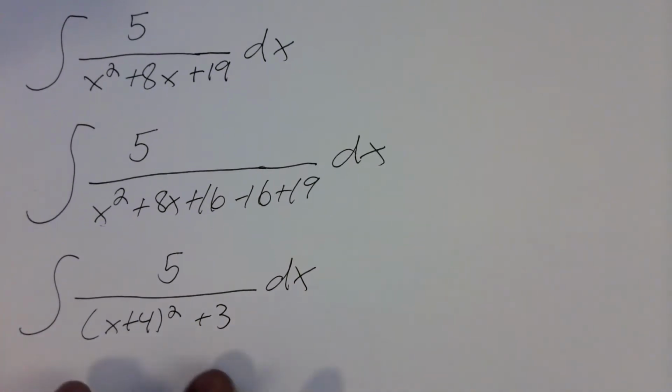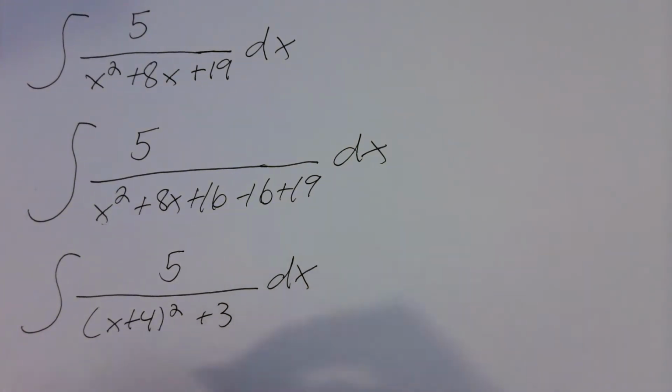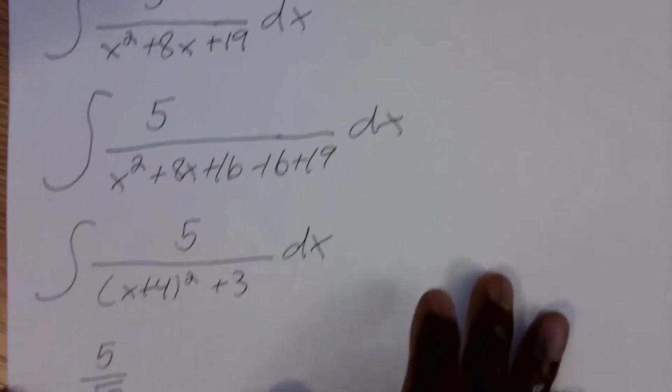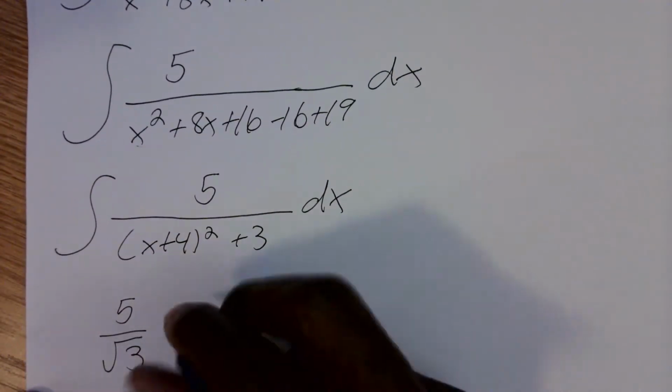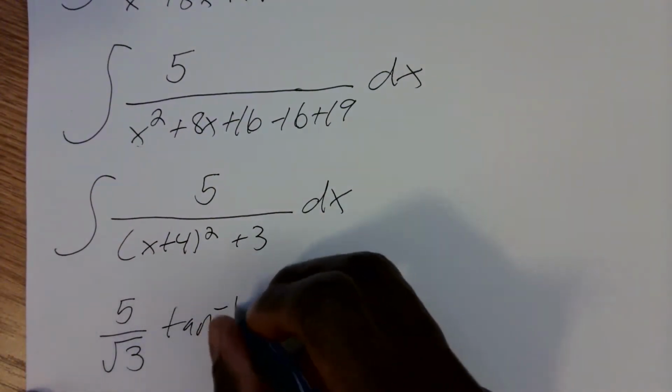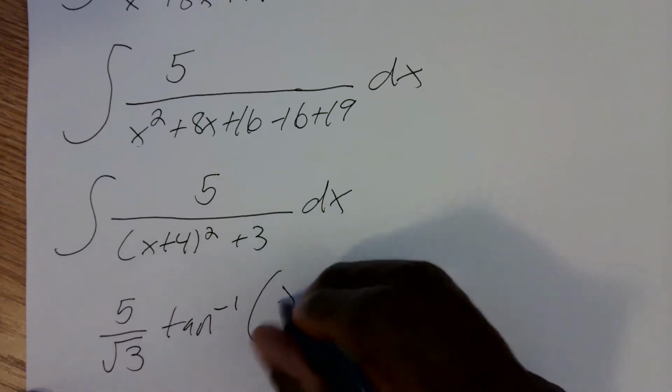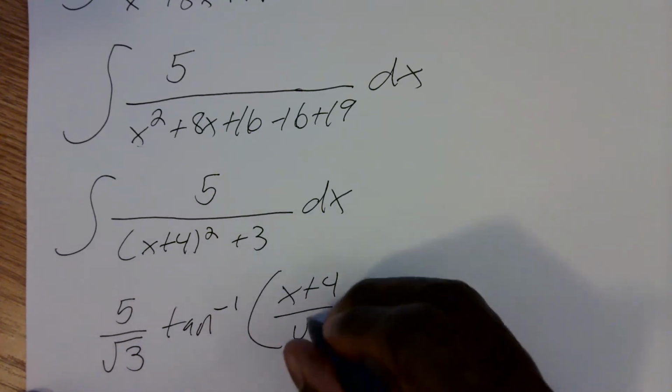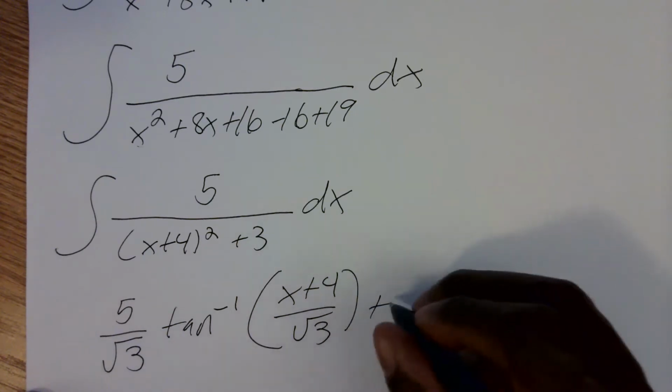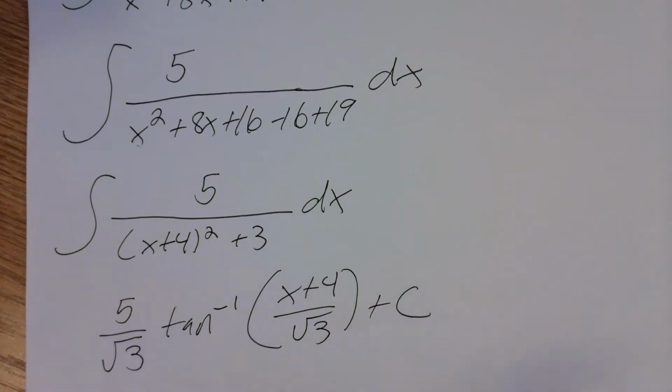That's in the form of arctan, so I can write my answer as 5 over the square root of 3 arctan of x plus 4 over the square root of 3, plus c.